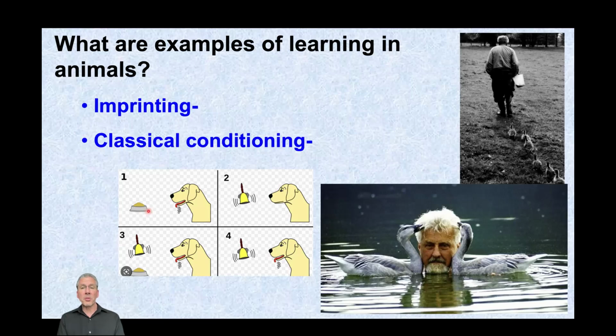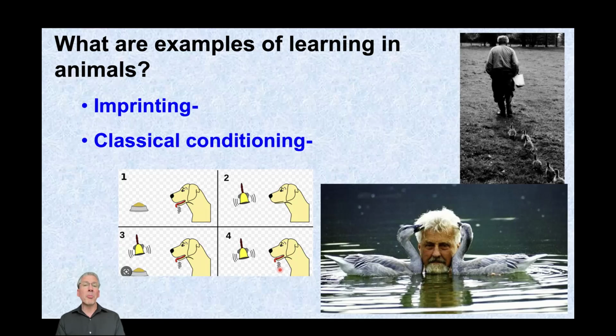It doesn't take long if you feed a dog and you happen to ring a bell every time you feed him, he will learn to associate the ringing of the bell with being fed. You can just ring the bell and the dog will come running and start to salivate because, of course, he learns to anticipate being fed. That's a very common and easily observable type of learning.